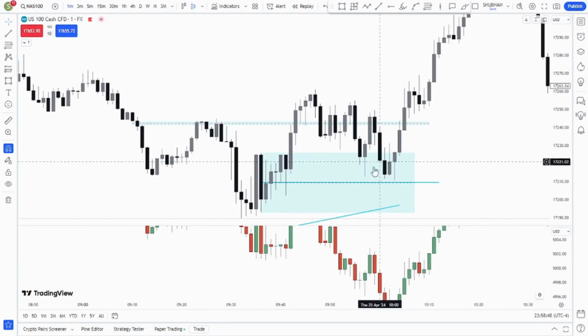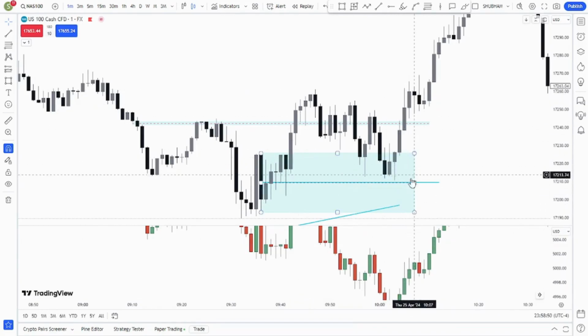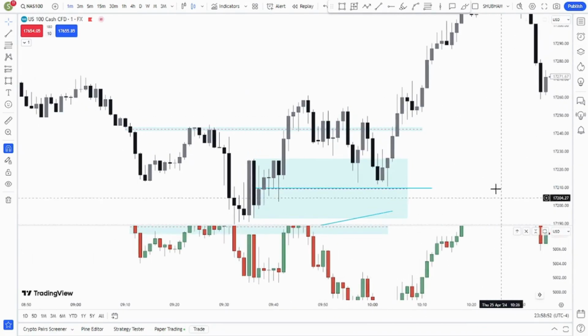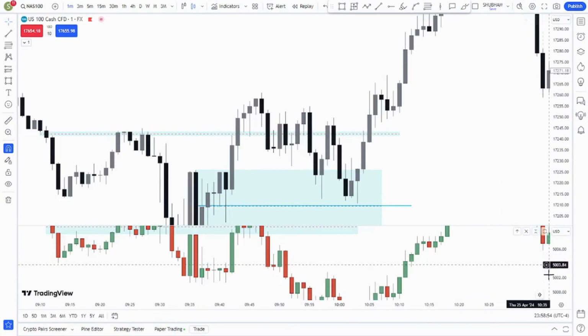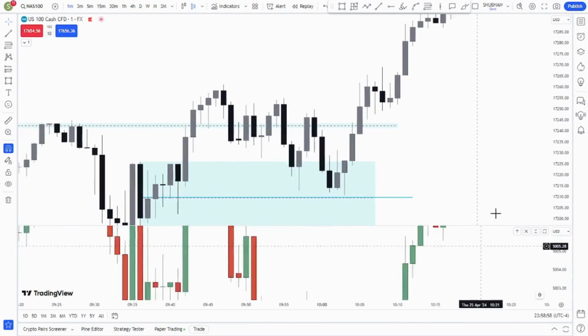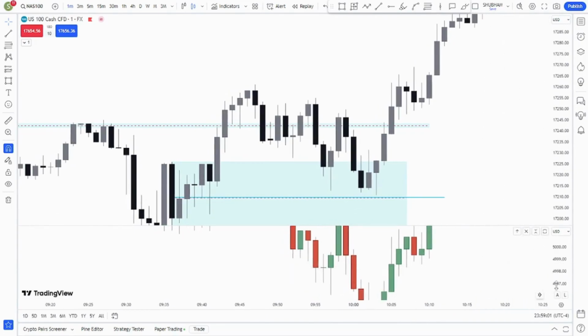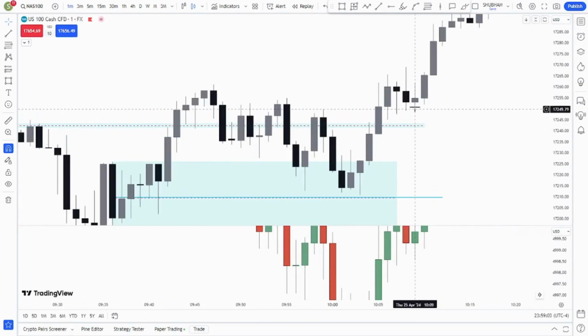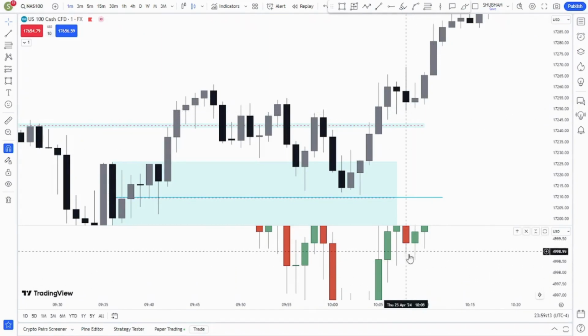Now looking at all these confirmations, SMT, mitigation block 50% being respected, when prices continue higher, we have what we see. This is our classic entry which we trade day in day out, which is my favorite entry. You see this 10 o'clock 10-9 candle. This candle was unable to take out the lows of the 10-8 candle in Nasdaq but in SPX it did.